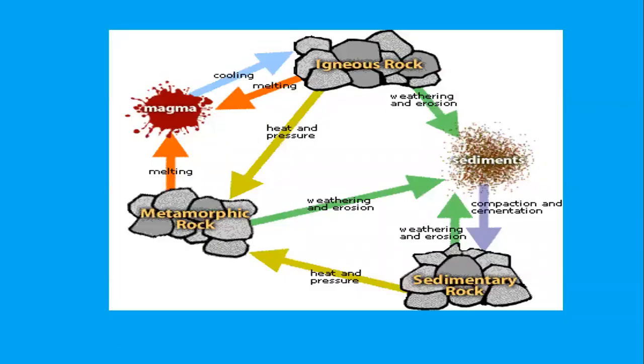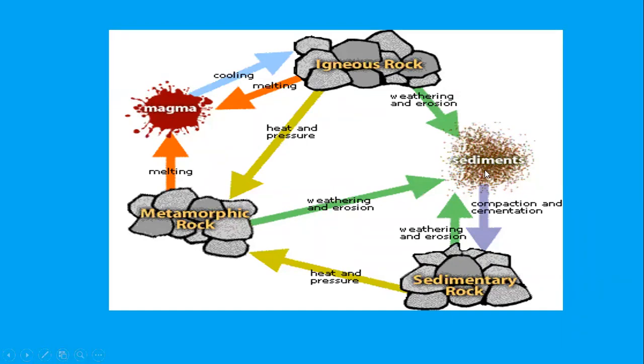The next part of the chapter tells you about the rock cycle. The process of transformation of rock from one to another is known as the rock cycle. Now, I will explain in very simple terms. When the magma comes out, it cools down and becomes solid, known as igneous rock. When igneous rocks roll and hit each other, they turn into small particles known as sediments.